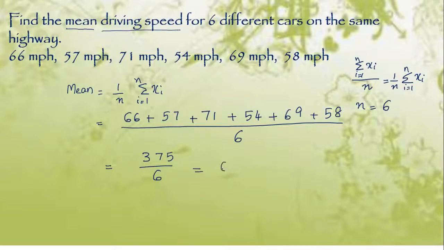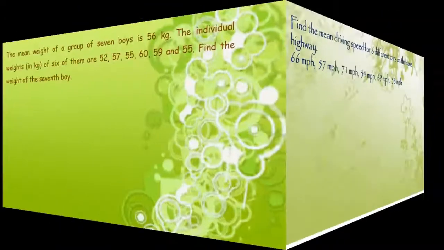It is equal to 62.5 meter per hour. So the mean driving speed for 6 different cars is obtained as 62.5 meter per hour. Let's move to another question.